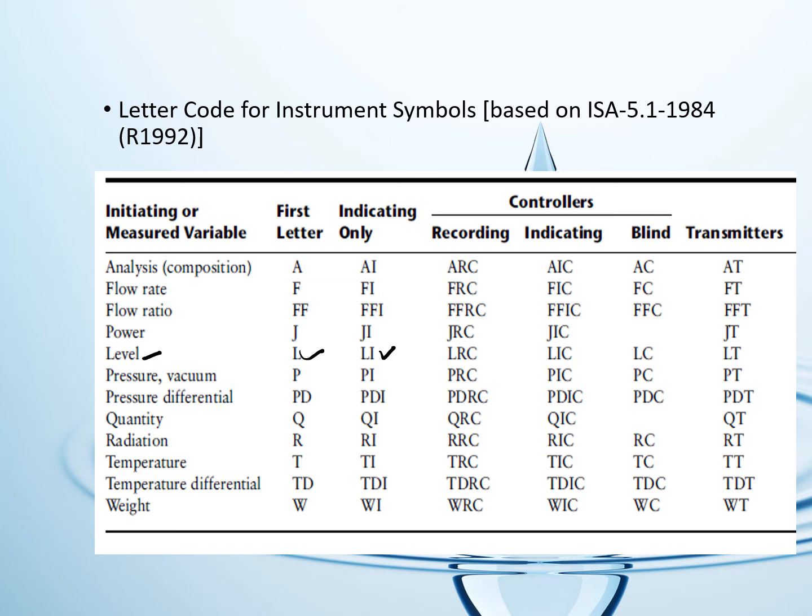Okay, if, for example, the controller type is recording, meaning level recording controller, we denote it as LRC. For level indicating controller, LIC, and normally we use LIC in our control system because it is integrated in one circuit with the indicator.